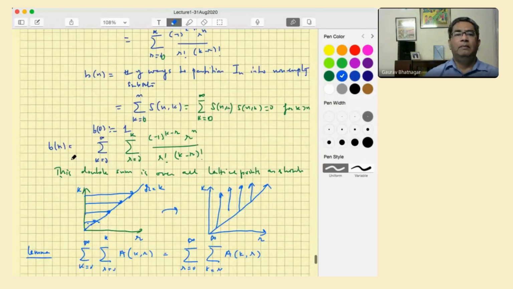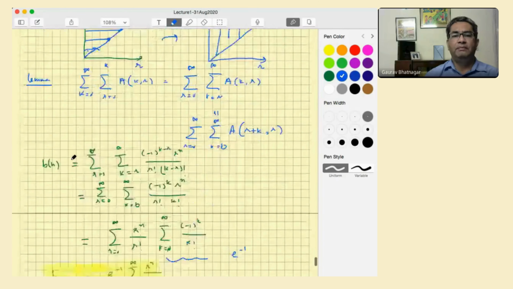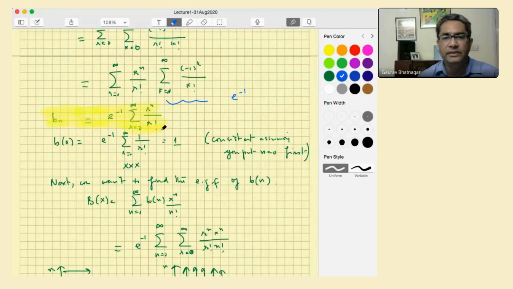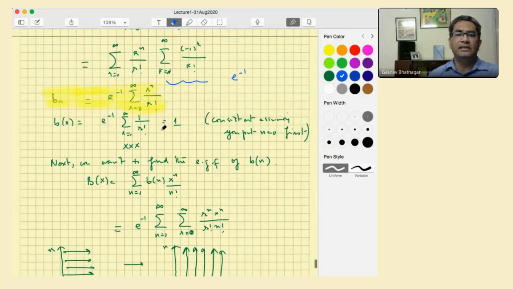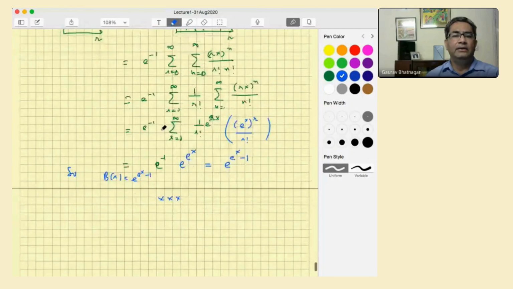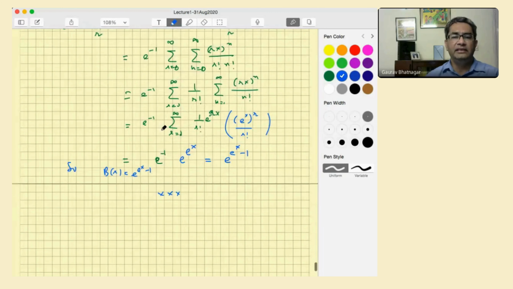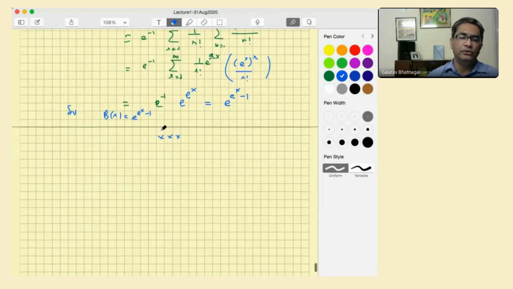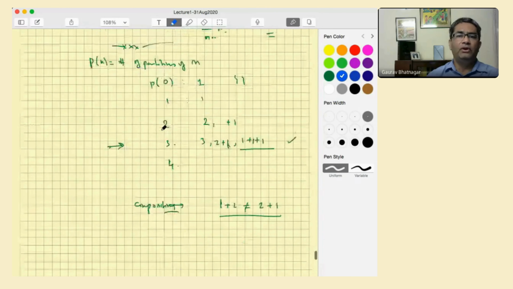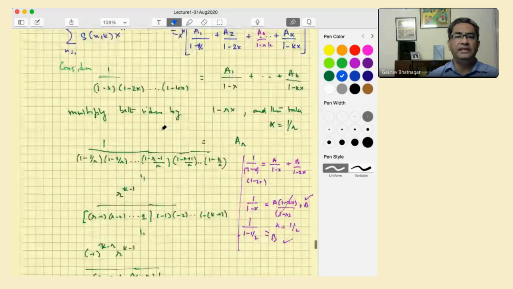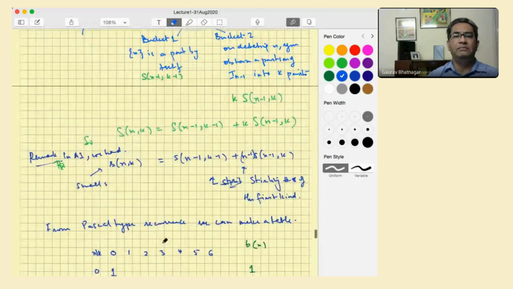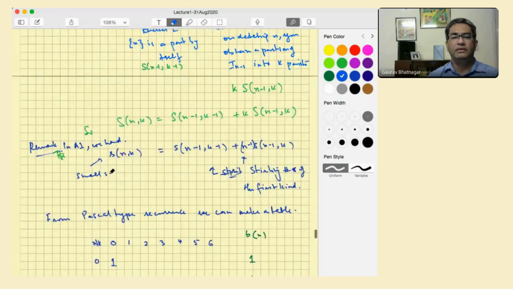But if you sum it up, then we get some formula for B of n, which looks nice, but it's an infinite sum again, and not a nice enough one. But when we take the generating function, then the generating function turns out to be nice. If you recall, we found it easy and convenient to calculate Stirling numbers by some recurrence relation.